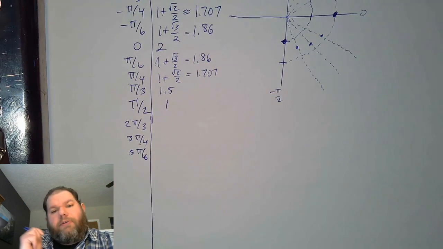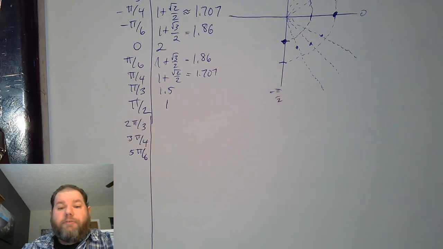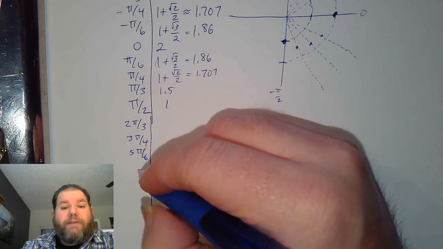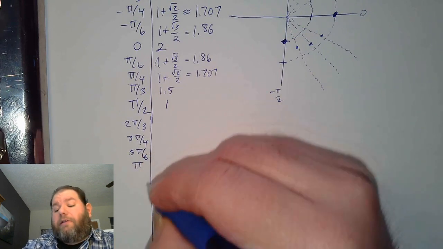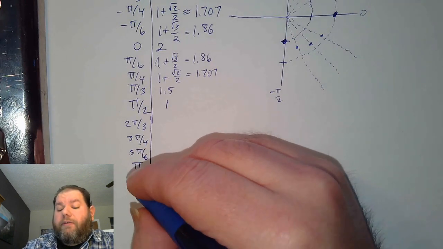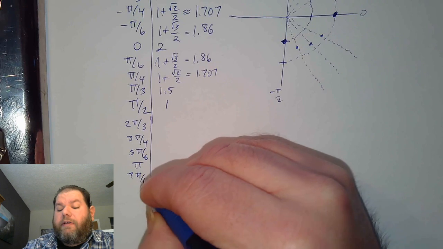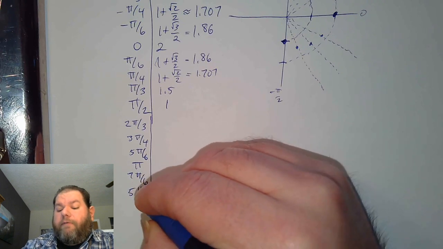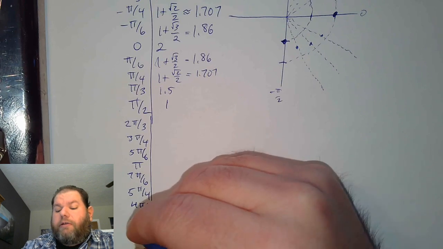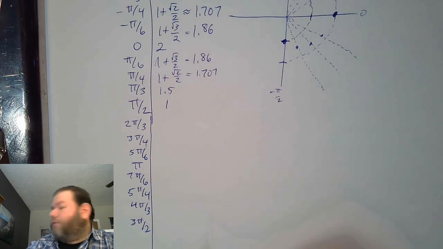After this, we're going to switch to the computer to do our graphing. I'm just showing you by hand right now because this is tedious, as you can already tell, I suspect. Pi, and then, was it 7 pi over 6, 5 pi over 4, 4 pi over 3, and 3 pi over 2.